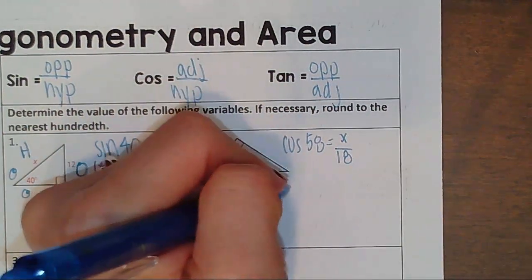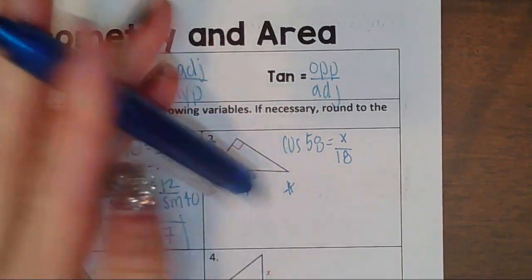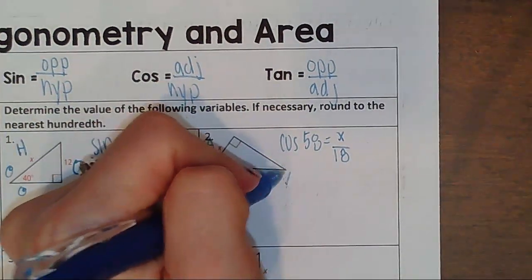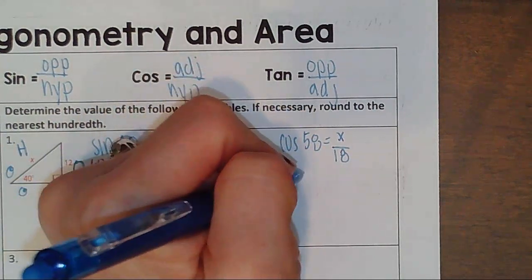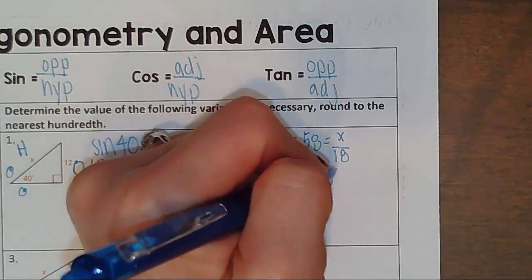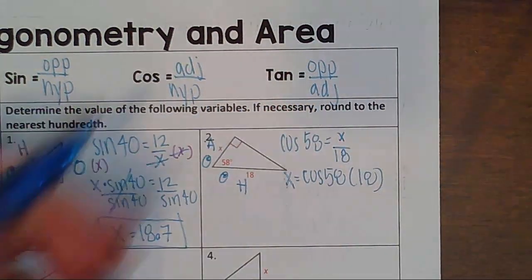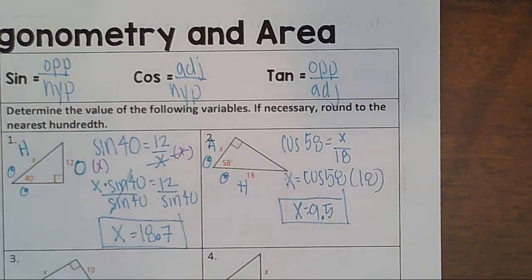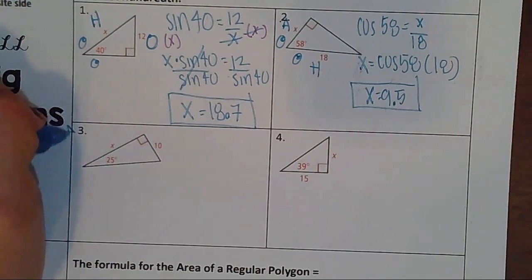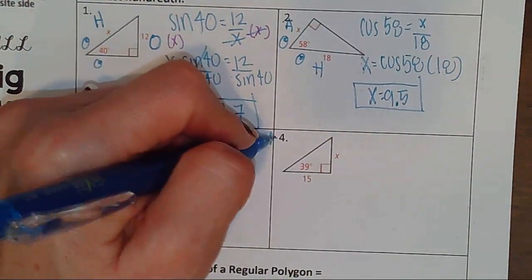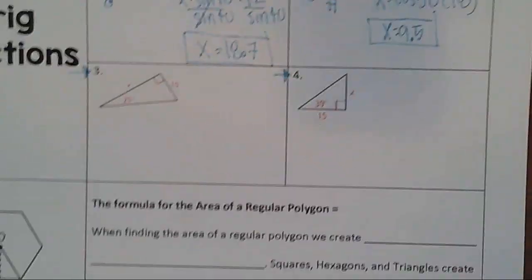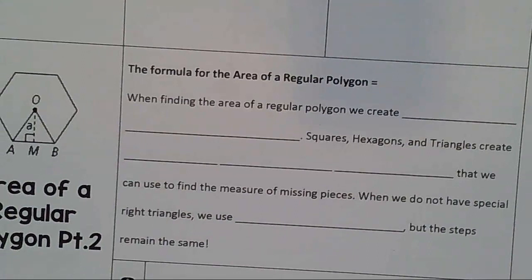And in that case, I'm left with x equals cosine 58 times 18, which would give me x equals 9.5. Okay, just as a little refresh, you guys go ahead and do number 3 and 4. All right, so your SOHCAHTOA, your trig functions. And then go ahead and move down here.